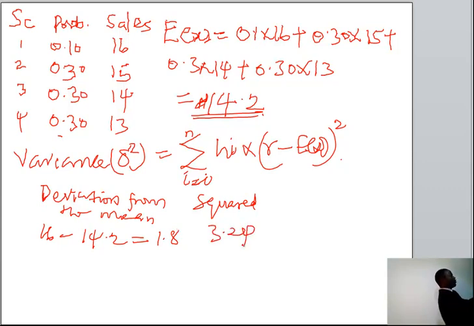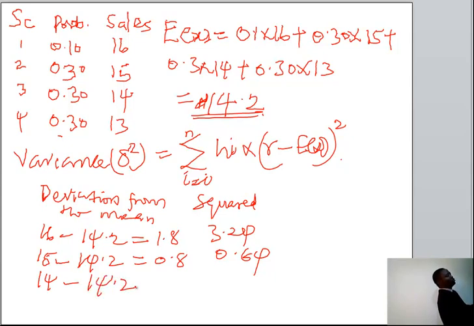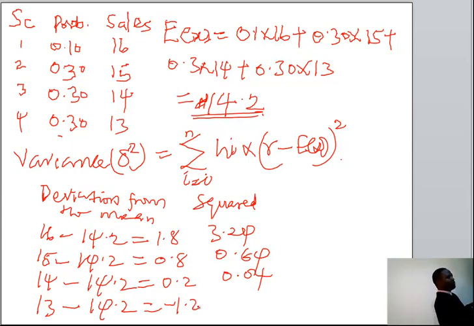Then the second scenario, we have 15 minus the expected value, 14.2, which is equal to 0.8. When you square it, we have 0.64. The third scenario, we have 14 minus 14.2, which is equal to minus 0.2. When you square it, we have 0.04. Then the last scenario, we have 13 minus 14.2, which is equal to minus 1.2. When you square it, we have 1.44.